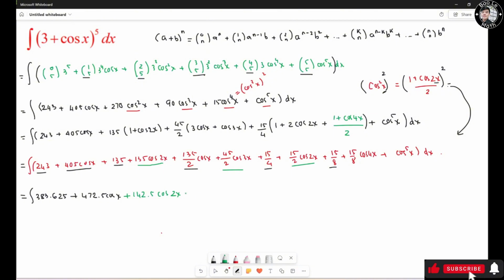This one right here, we just rewrite it. 45 divided by 2 is going to be 22.5 cosine 3s. This one we need to rewrite, plus 15 over 8 cosine 4s ds plus the integral of cosine to the fifth of s ds, right?